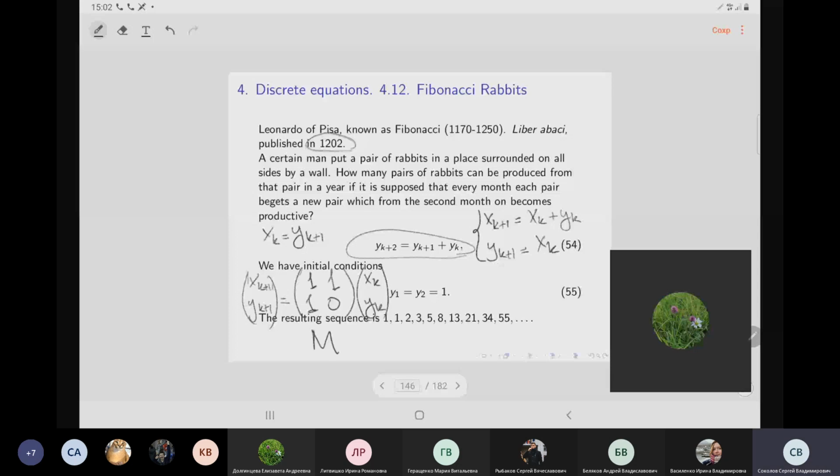So far, we can find the eigenvalue problem. So it is the determinant of 1 minus lambda, 1, 1, minus lambda.